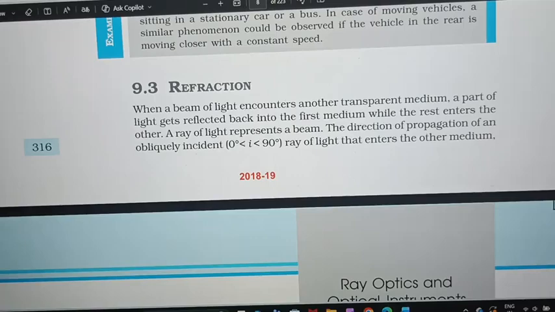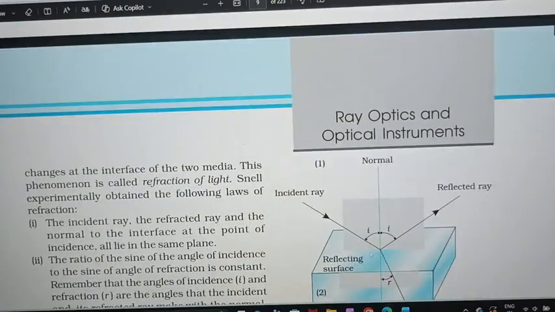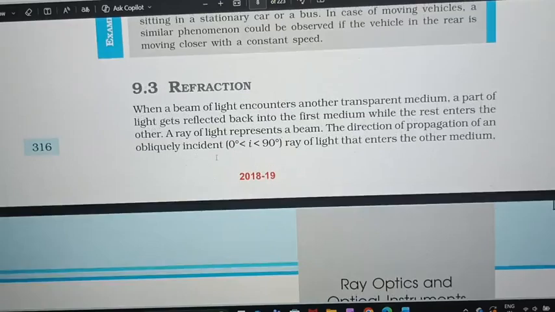Consider the ray of light as a beam. Generally a beam means many light rays will be there, but if you draw many light rays it will become confusing for us. So they're just considering a ray of light and saying that it will represent a beam.